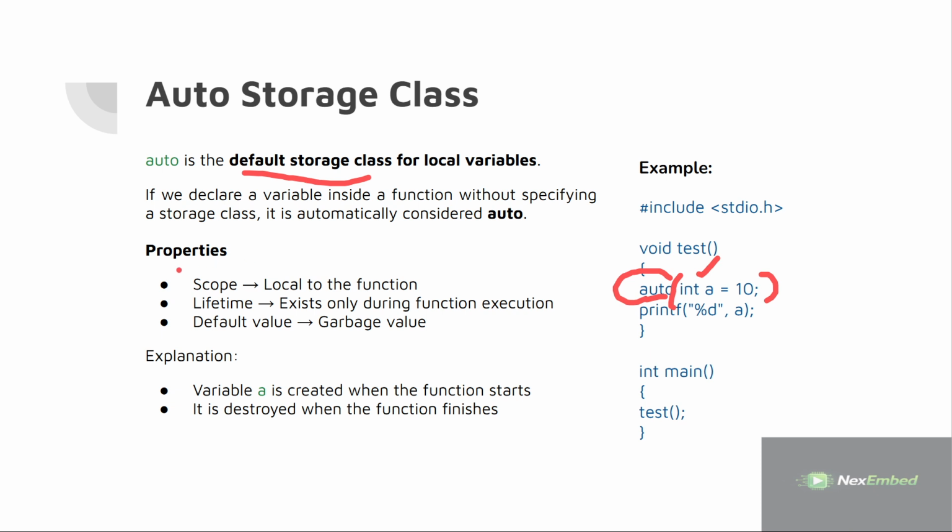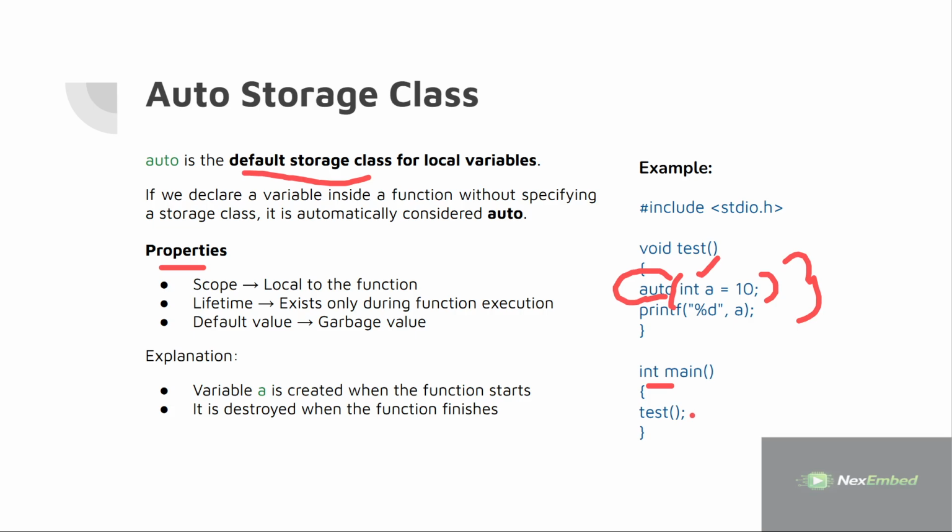So what are the properties of the auto storage class? First, scope, which is local to the function. For example, here I have declared it, so its scope will be present inside this void test. Lifetime also exists only during the function execution. Here I have taken an example int main.